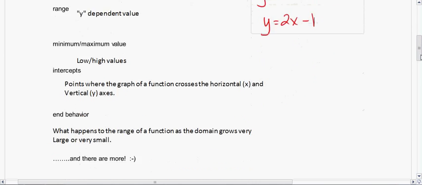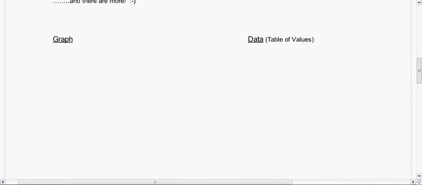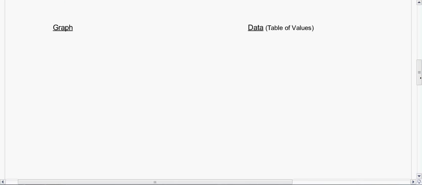The third part of the rule of 4 is the graph. If I were going to graph that cubic, it would look something like this. It starts pretty negative and goes through the origin and then heads up in a positive direction.